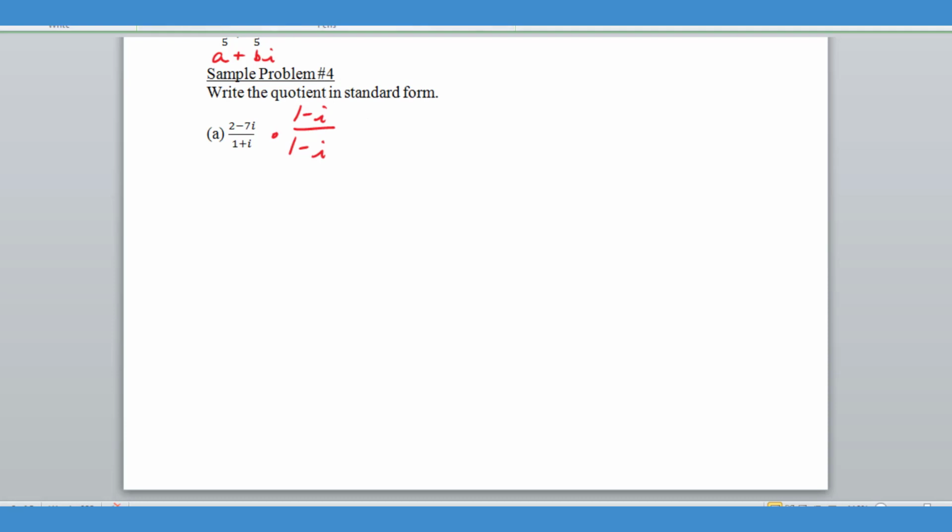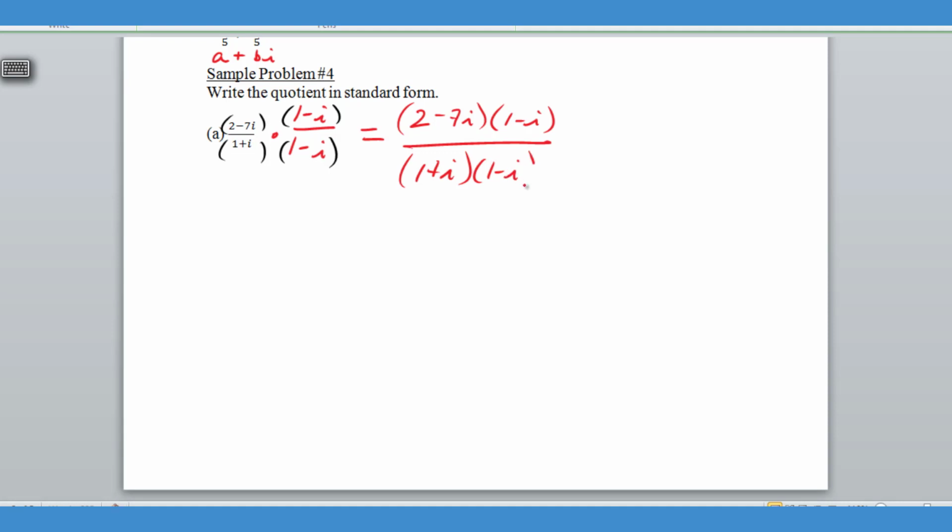If it makes it easier, I tend to put things in parentheses so that I can see the foiling or the distributive process take place. So in this case, we have 2 minus 7i times 1 minus i, and 1 plus i times 1 minus i, side by side. This allows me to see everything like a normal problem.